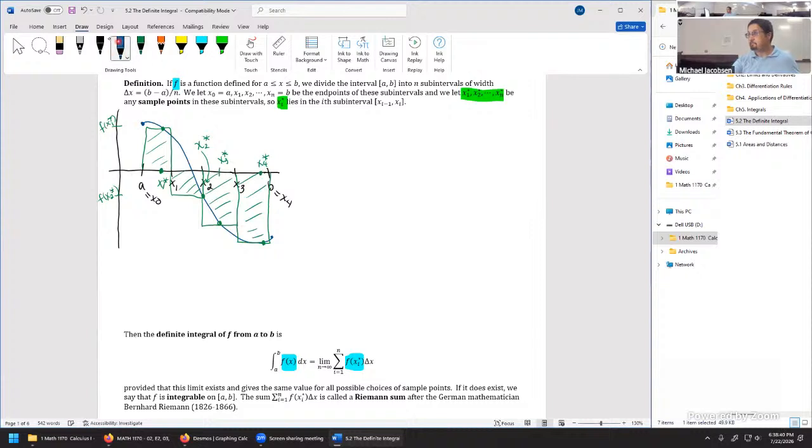So the signed area would be approximately equal to, take the delta x, the width of all these rectangles going from a to x1, x1 to x2, and so on, multiplied by the group, f at x1 star plus f at x2 star plus f at x3 star, plus f at x4 star, and that's our signed area.